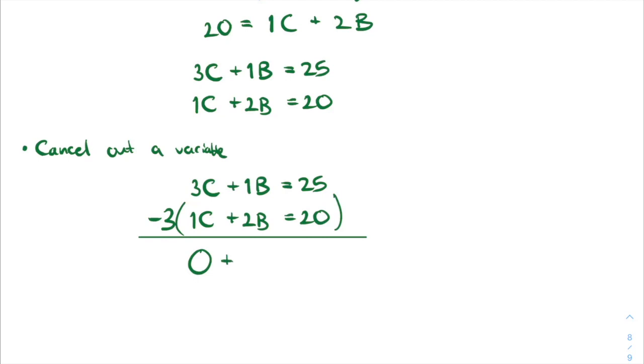-3 times 2 is -6. -6 plus 1 is -5B. -3 times 20 is -60. -60 plus 25 is -35. This gives us that B is equal to 7.